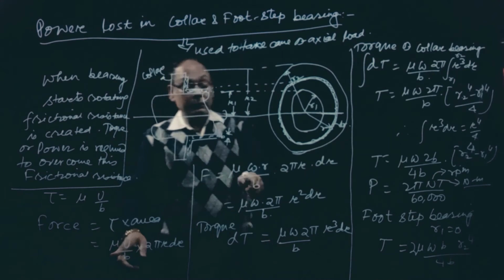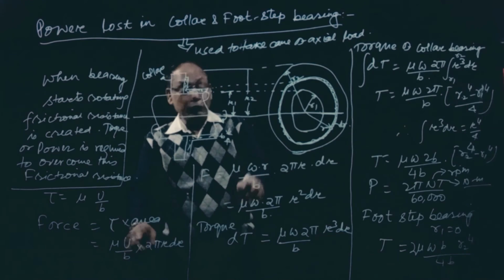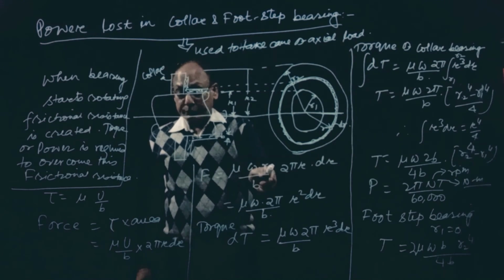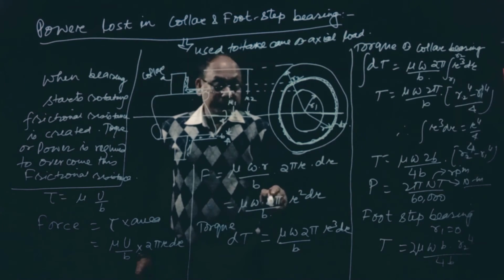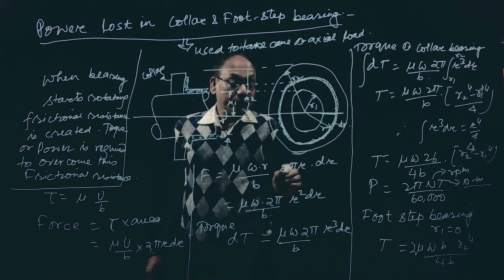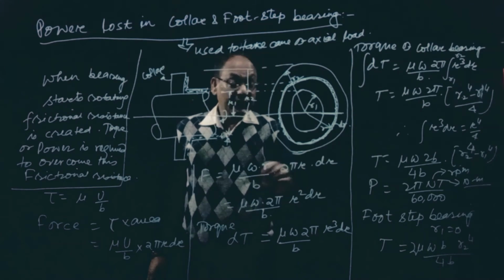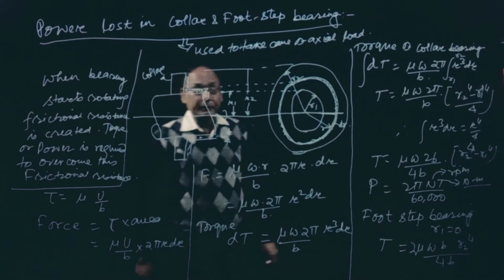So this F will be mu, V is equal to omega into r. Okay, so omega into r by b into 2 pi r into dr. So it will be 2 pi mu omega, and it will be r square dr by b, but torque will be force into radius.